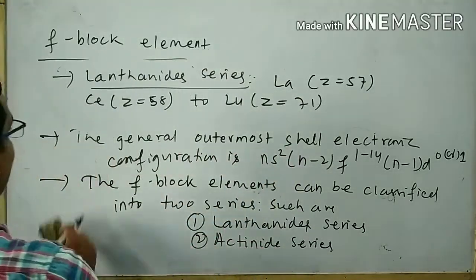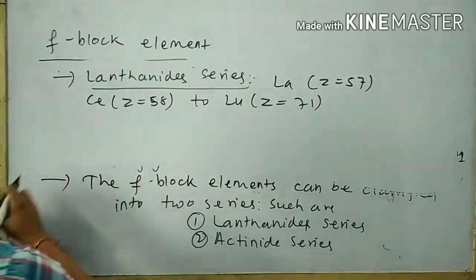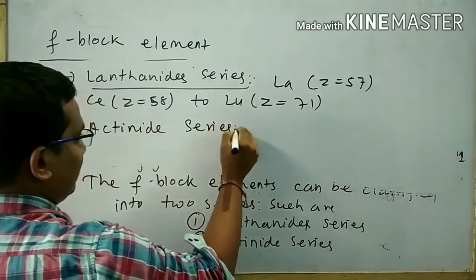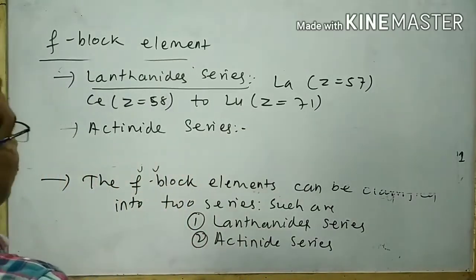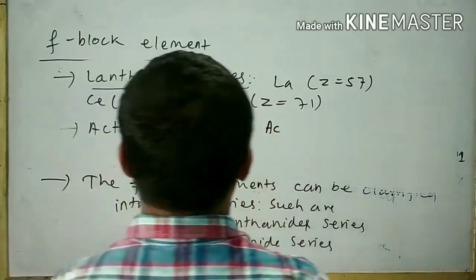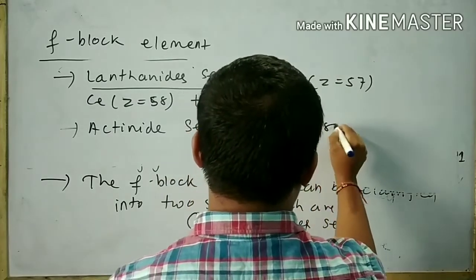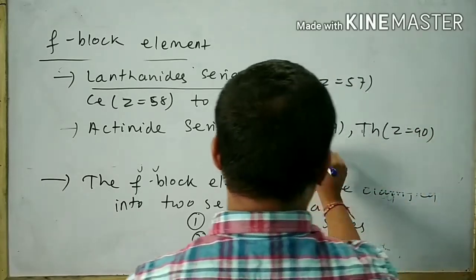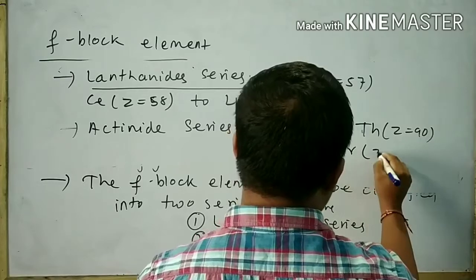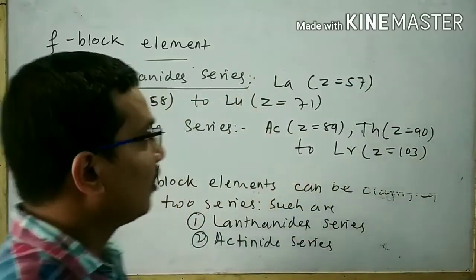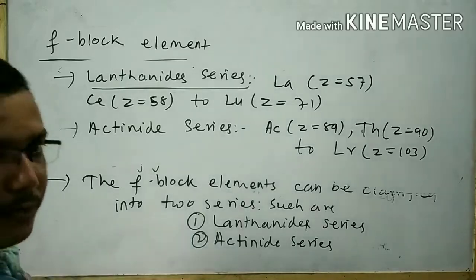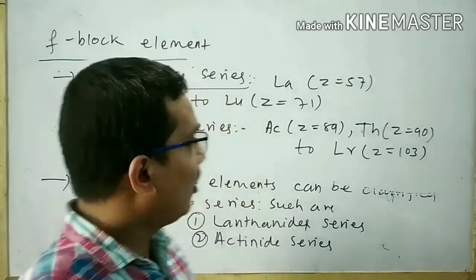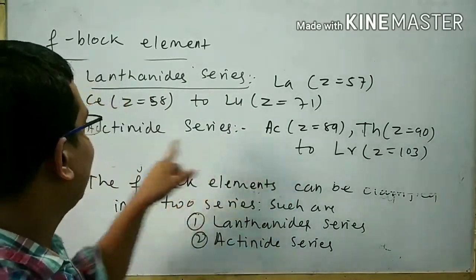Similarly, the actinide series includes actinium having atomic number 89, and starts from thorium having atomic number 90 to lawrencium having atomic number 103. Both lanthanide and actinide series contain 14 elements. Here we can also think about actinium in the actinide series.